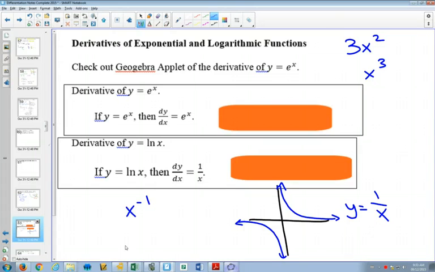This one's going to cause some problems because this is like a power law. What happens if you started with this? What would be working backwards? You'd be tempted to say, I just have to add 1 to the exponent. Well, what happens when you add 1 to the exponent? You get x to the 0. And then you would need a number in front.